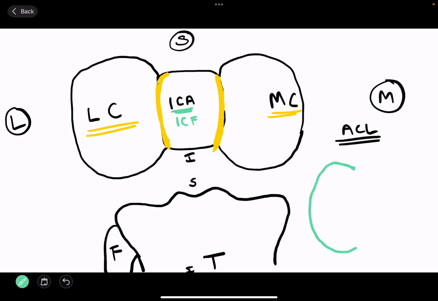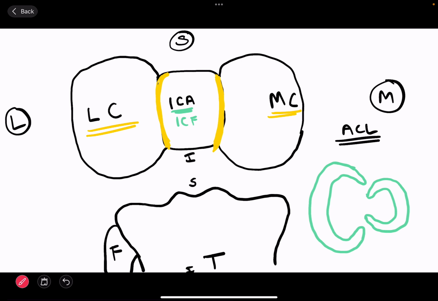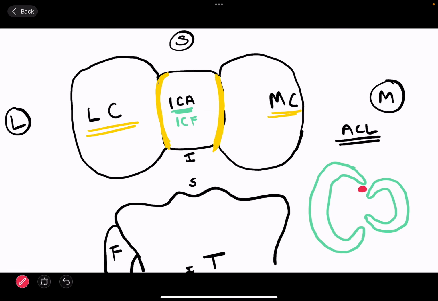We have the medial meniscus with its anterior horn, body, and posterior horn, and here is the smaller lateral meniscus with its anterior horn, body, and posterior horn. Then we have the cruciate ligaments: the anterior cruciate ligament here, the posterior cruciate ligament here.